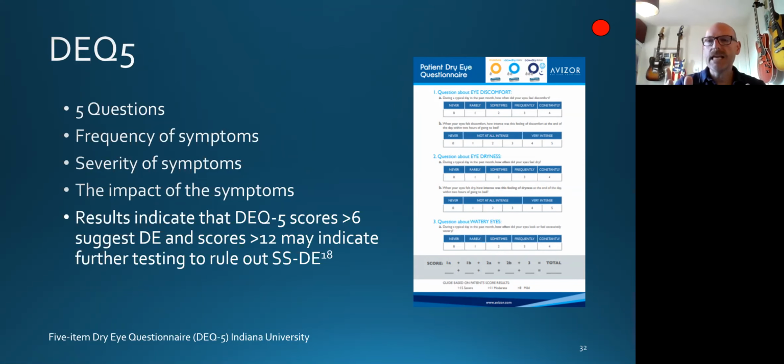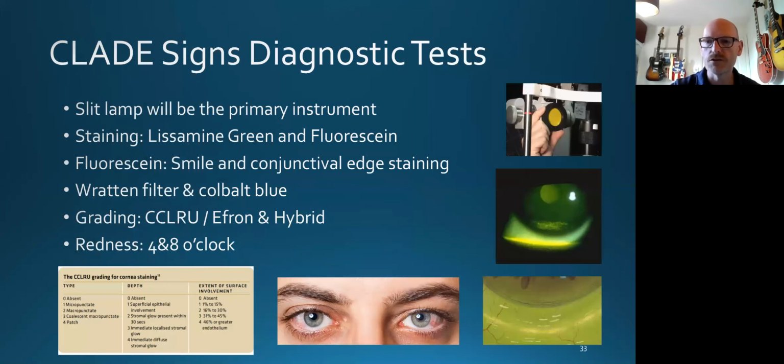But I think the key thing here is that if you introduce a questionnaire into your history and symptoms, especially now that we're working virtually, whether it be remotely by video or over the telephone, it's going to help to bring a level of consistency to your diagnosis and to your triage. Just as grading scales help you when it comes to grading signs when you're in practice. So I think these are absolutely great tools to help you with identifying your dry eye wearers.